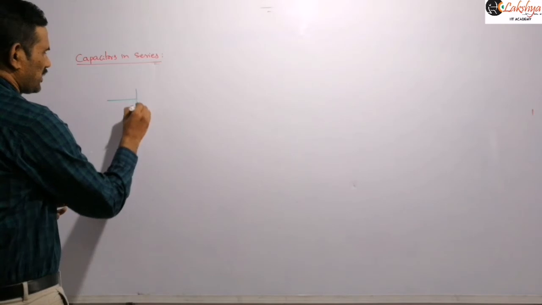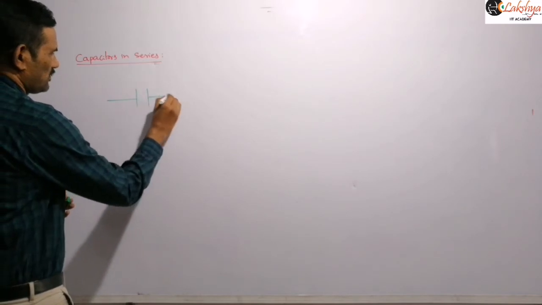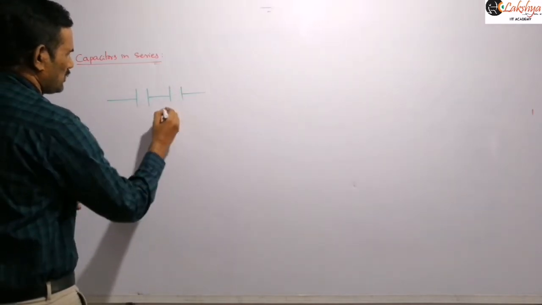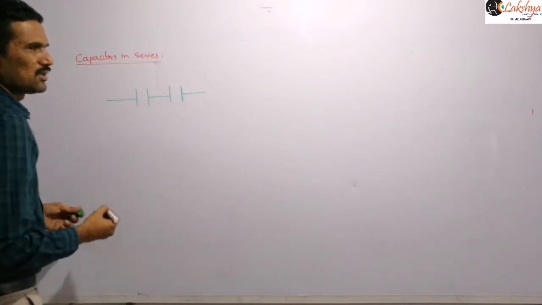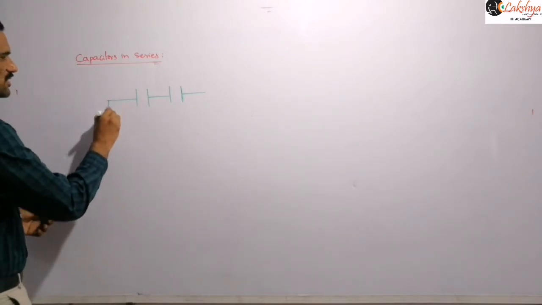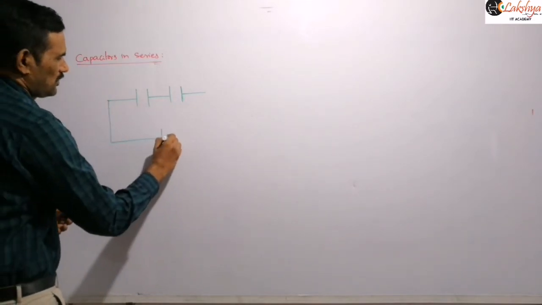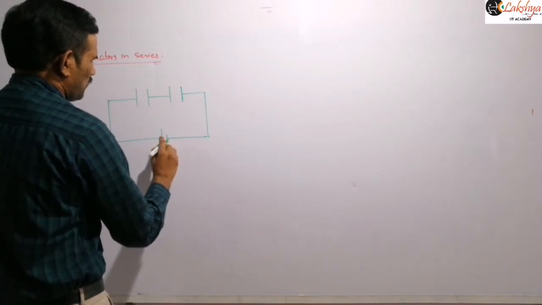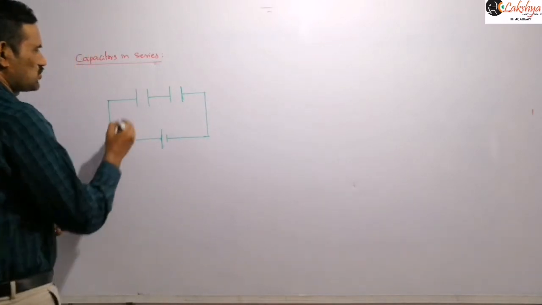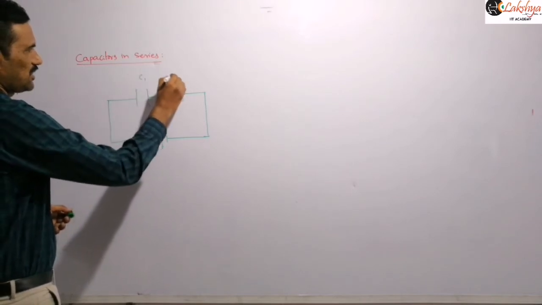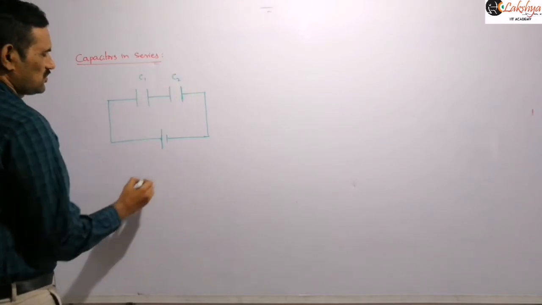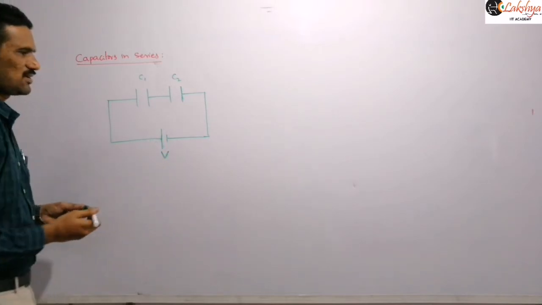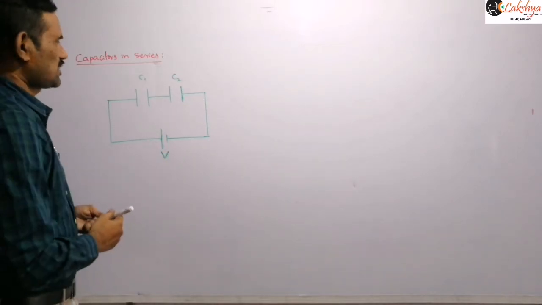If capacitors are connected like this, as we discussed already during the charging, I am explaining it for two capacitors here, and you can extend that formula after concluding this for these two capacitors. Suppose I am taking the capacitances C1 and C2, and the potential difference of this cell is V. So then let us write that.